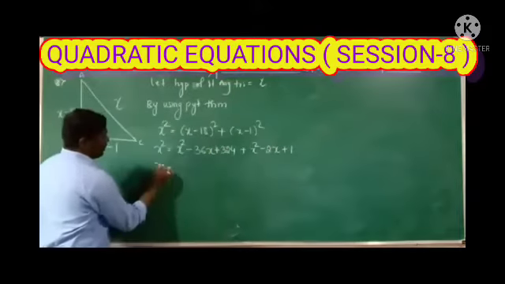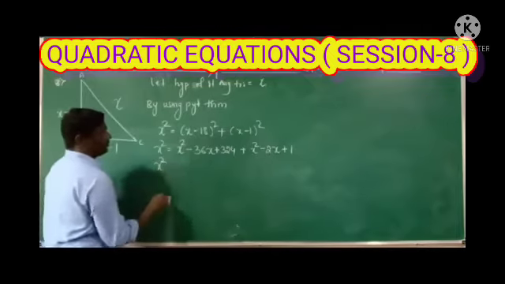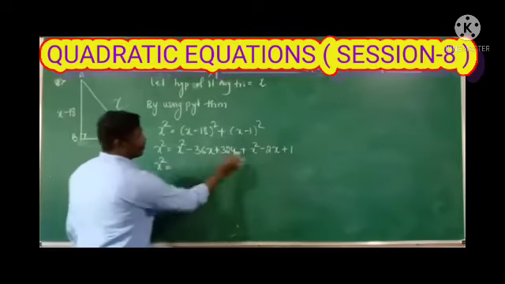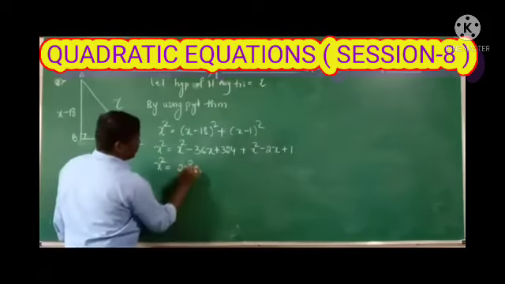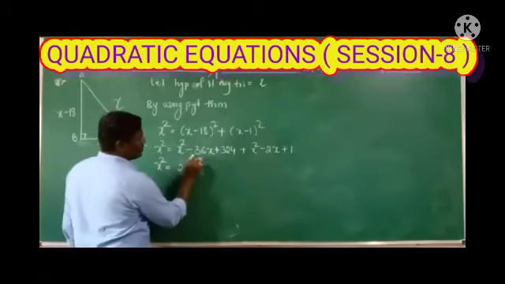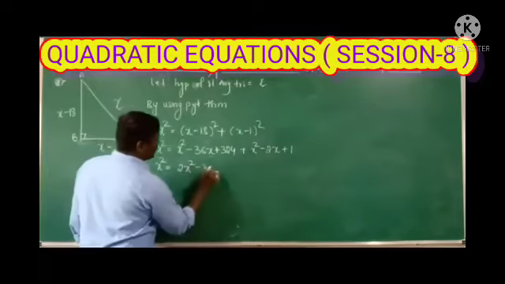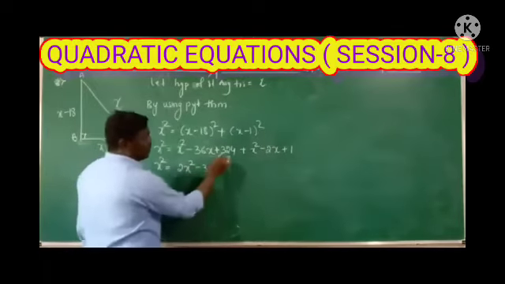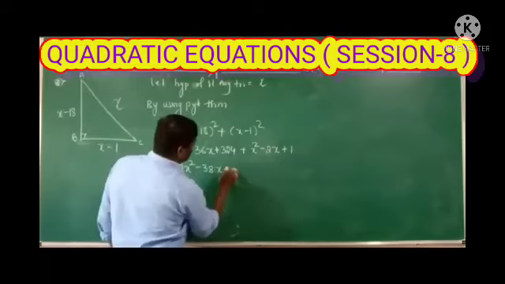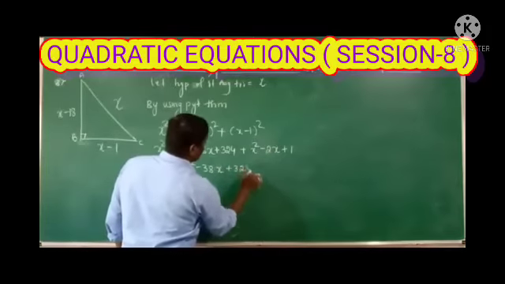Now x square plus x square is 2x square, minus 36x minus 2x is minus 38x, and 324 plus 1 is 325.